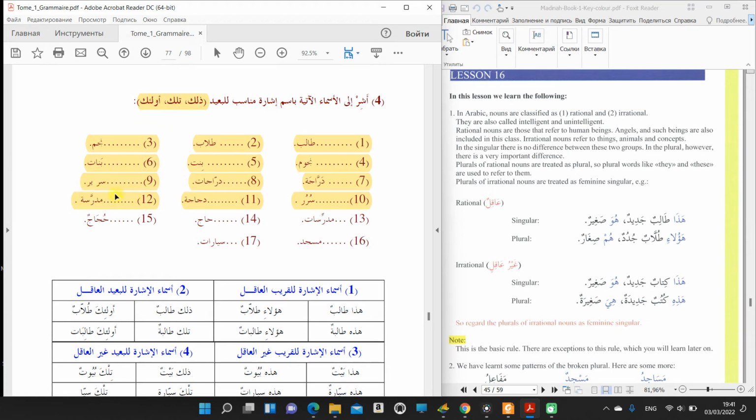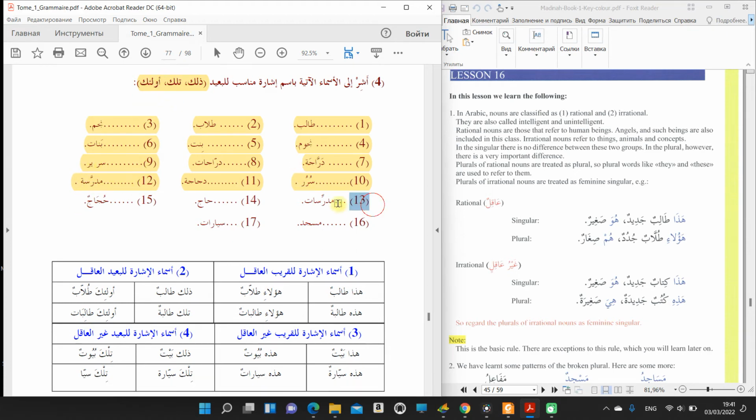It's not أولئك because it's singular. But مدرسات, it's plural, therefore it's أولئك مدرسات.